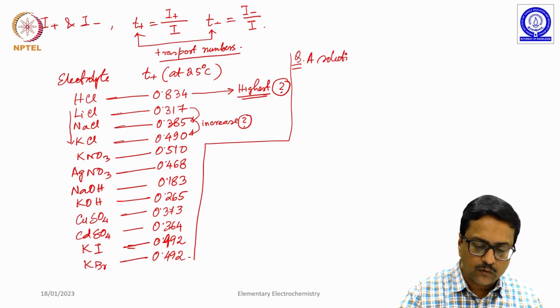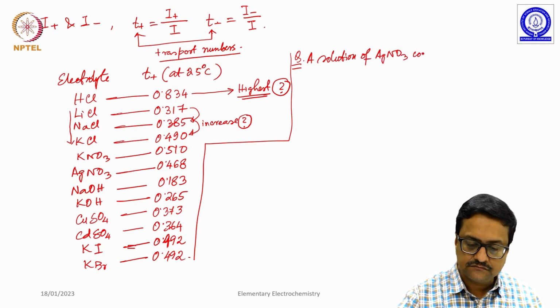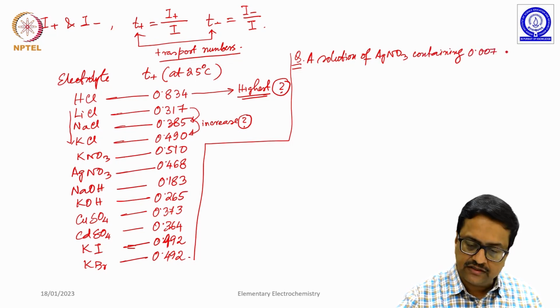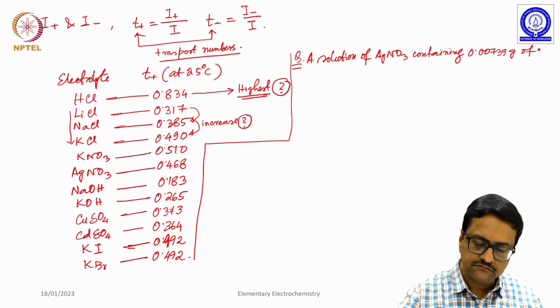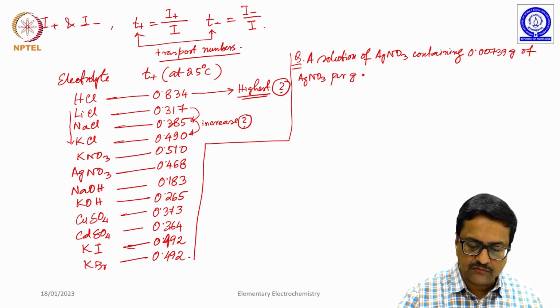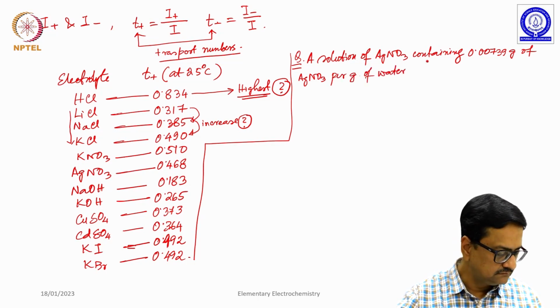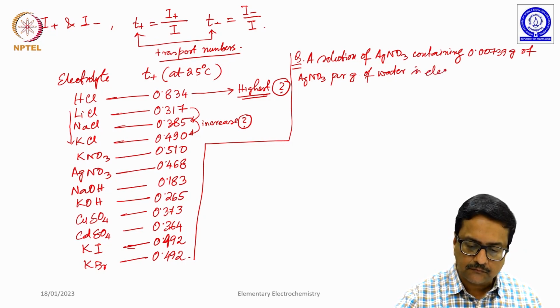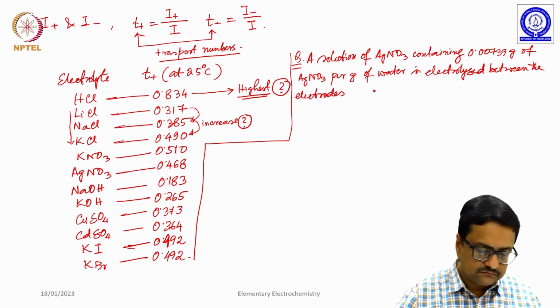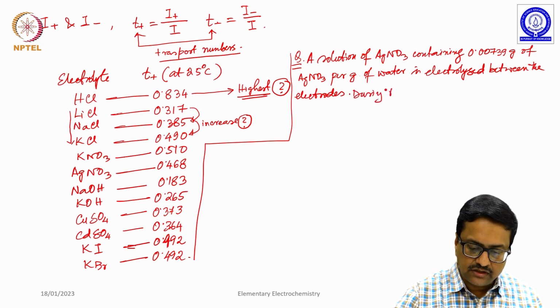A solution of AgNO3 containing 0.00739 gram of AgNO3 per gram of water is electrolyzed between the electrodes during the experiment.